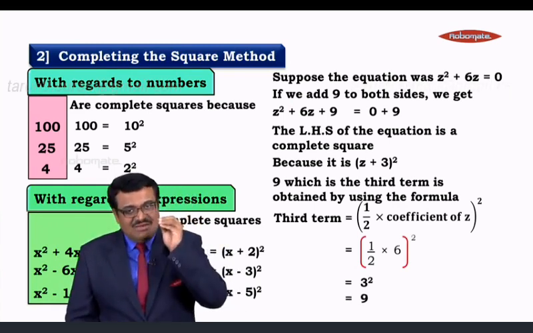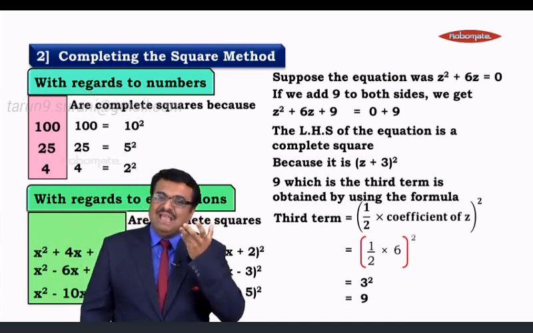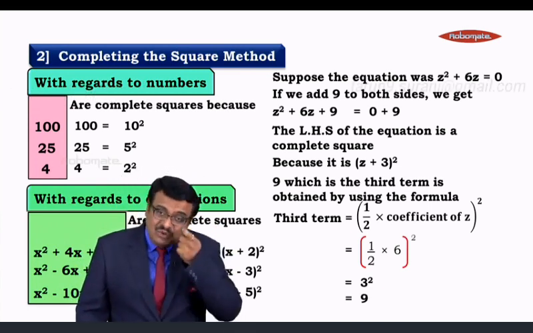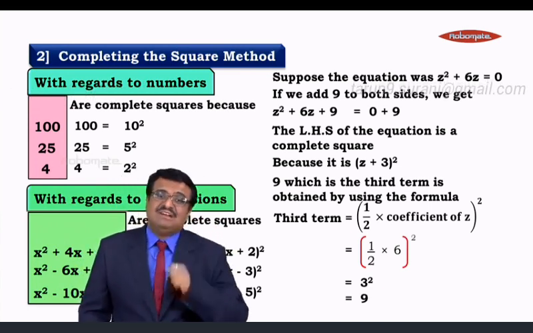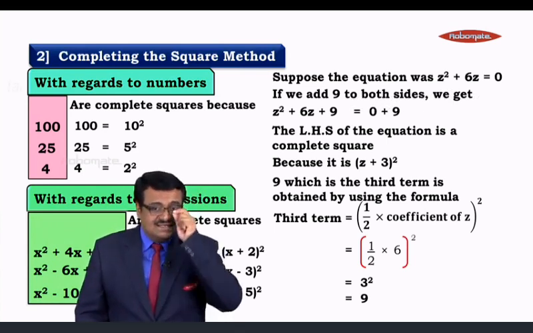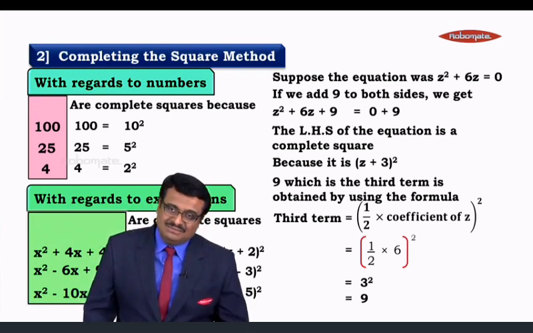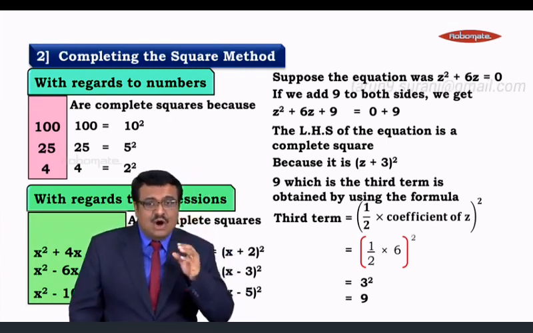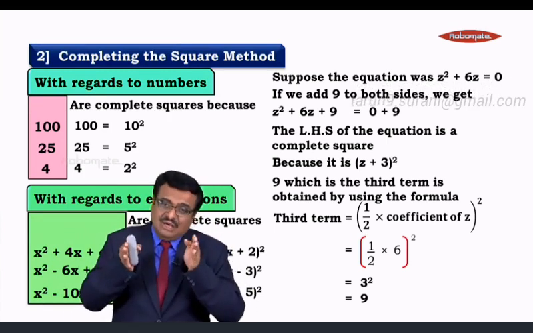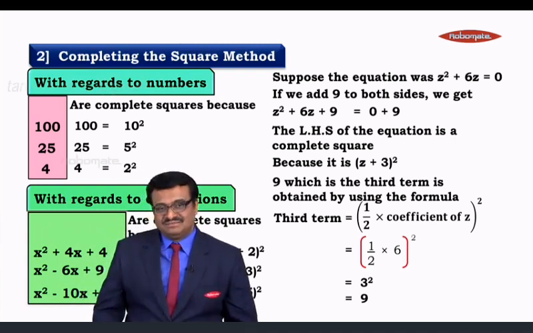So this 9, when we added to the left side, made it a complete square. Which term to add is given by that formula. This is how we make the left side of the equation a complete square.